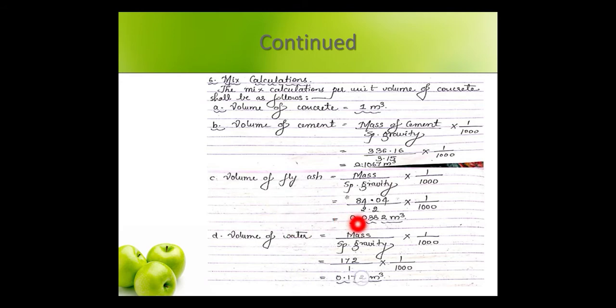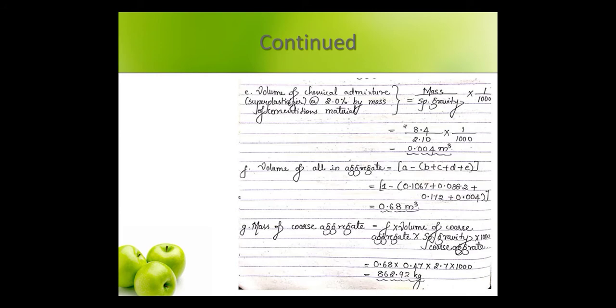Volume of water, mass divided by specific gravity into 1 divided by 1000. So specific gravity of water may be given, may not be given, so directly you can assume it to be 1. Next, volume of chemical admixtures, mass of chemical admixture, that is 2% by mass of cementitious material we have already taken, divided by specific gravity into 1 divided by 1000.